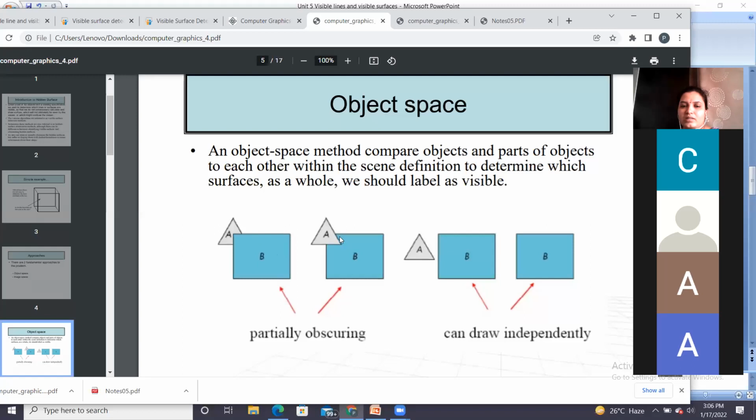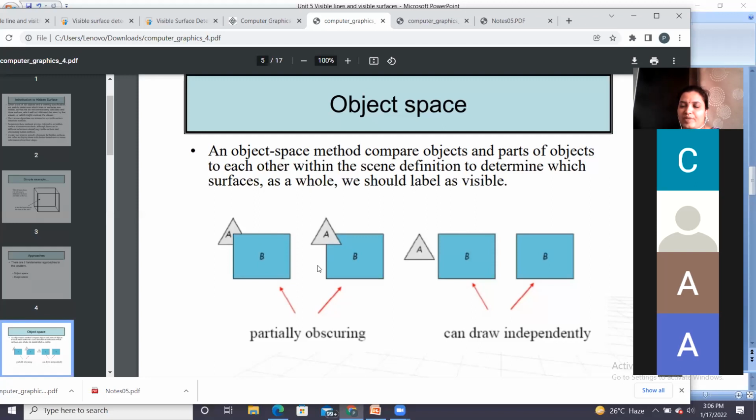So for this partially obscuring method, we are having the object space method where we can apply phenomena like the vector and normal method. Similarly, we can have the inside outside test and all. The example of this object space method that we are going to see is the backface removal algorithm.